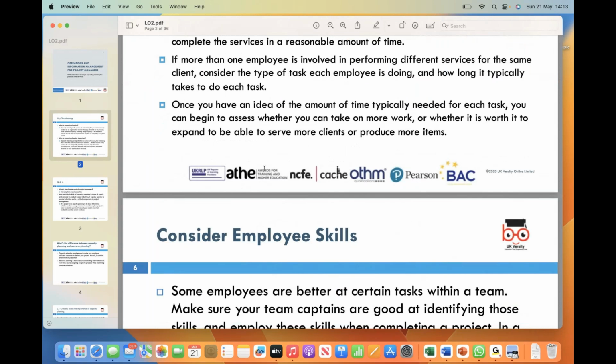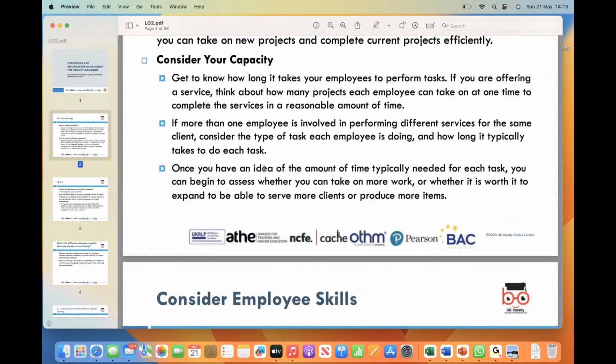Capacity planning also provides valuable insight for making informed decisions regarding business expansions by understanding the typical timeframes required for various tasks. So you can evaluate whether your current capacity can support an increase in work volume or if expansion is necessary.